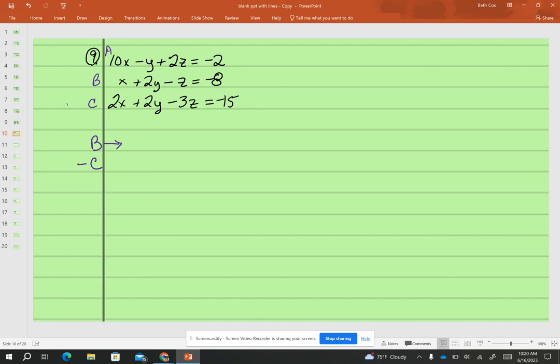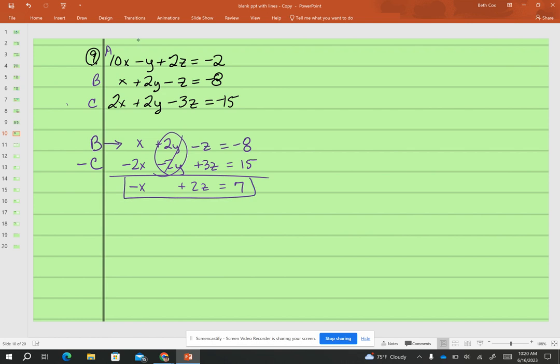So that's going to give me x plus 2y minus z equal negative 8. And now when I do the opposite of C, I get negative 2x, negative 2y, positive 3z, positive 15. Those eliminate, and I'm going to have negative x plus 2z equal 7. So we'll hold on to that one. That one's called D. That was step 1.